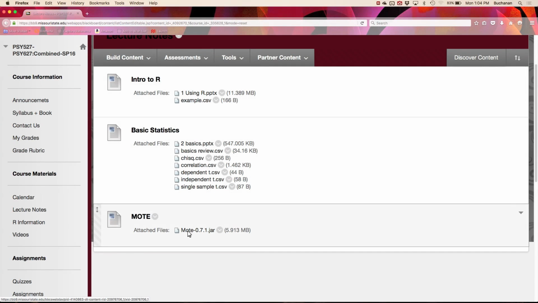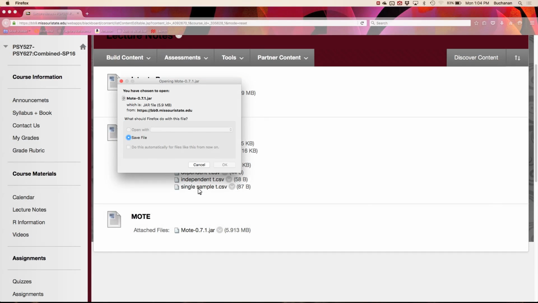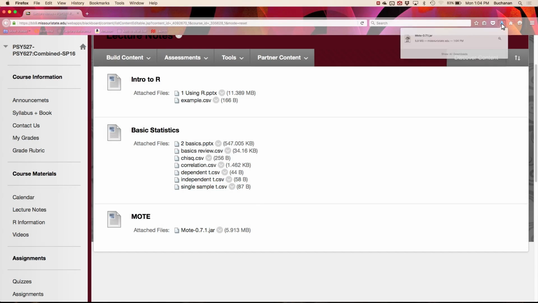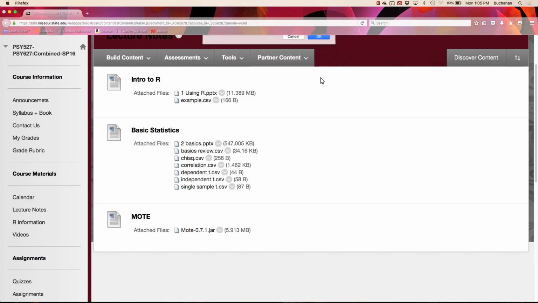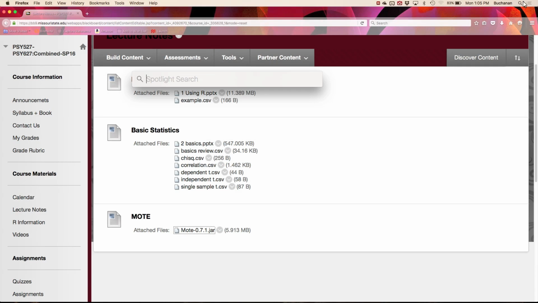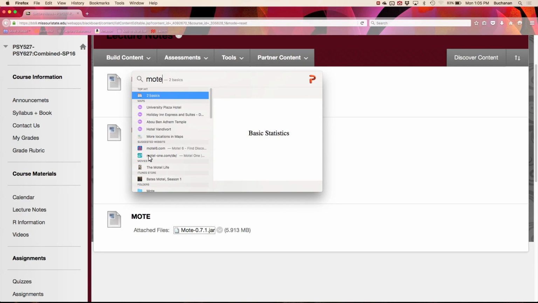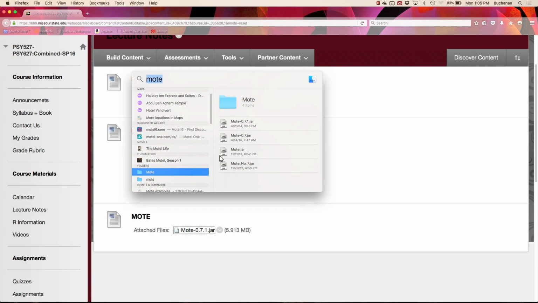No, it's not zipped. It's a .jar. So you'll save it. And then I will help whoever, because I know we're going to have some issues. Yeah, I know it's executable. Ooh. Okay. I like that it gave me Bates Motel.